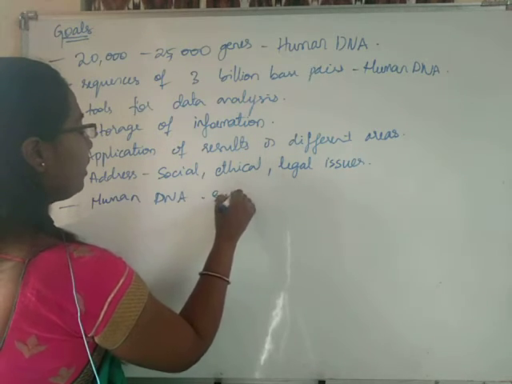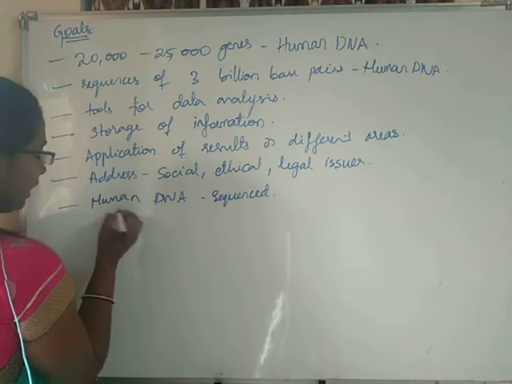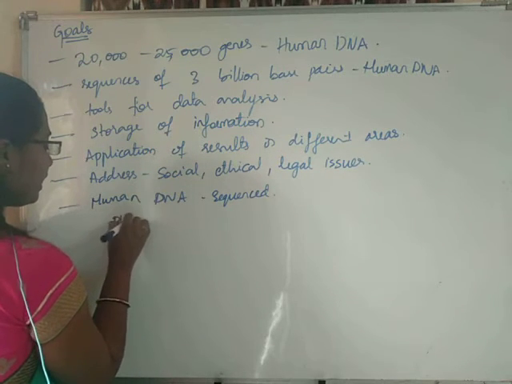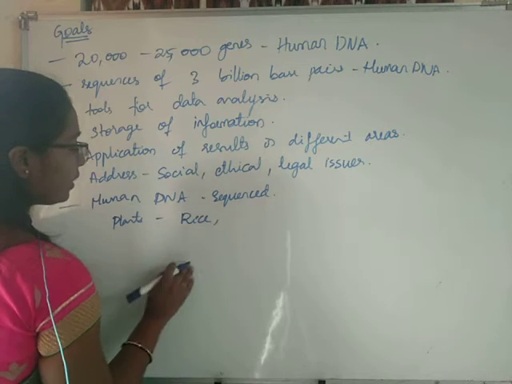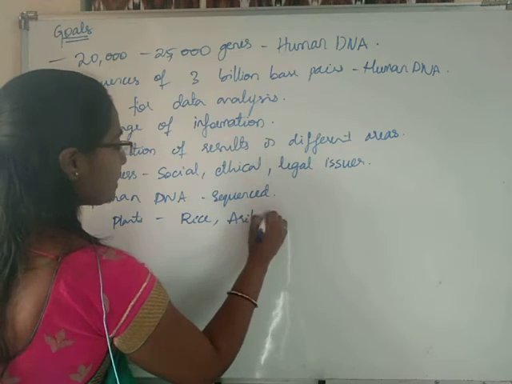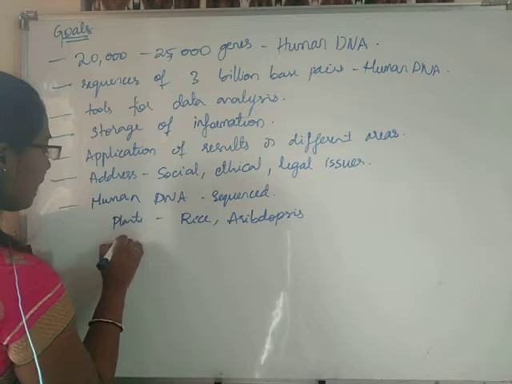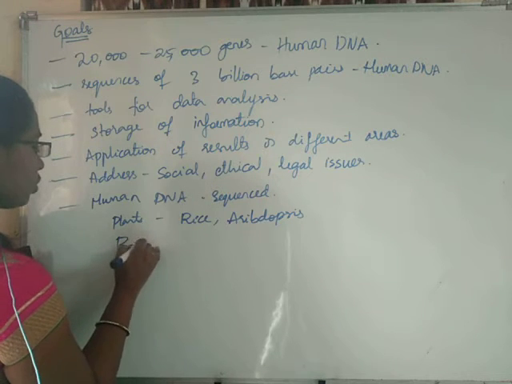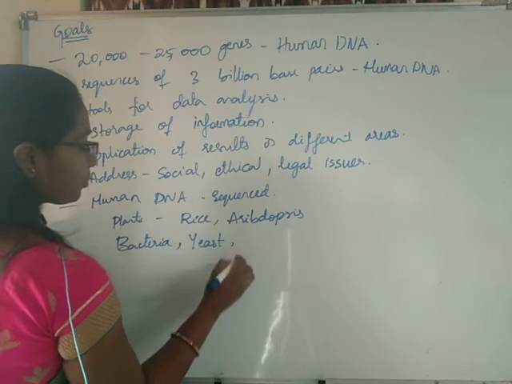Along with the human DNA, even some plant DNAs were also identified, for example rice and Arabidopsis.